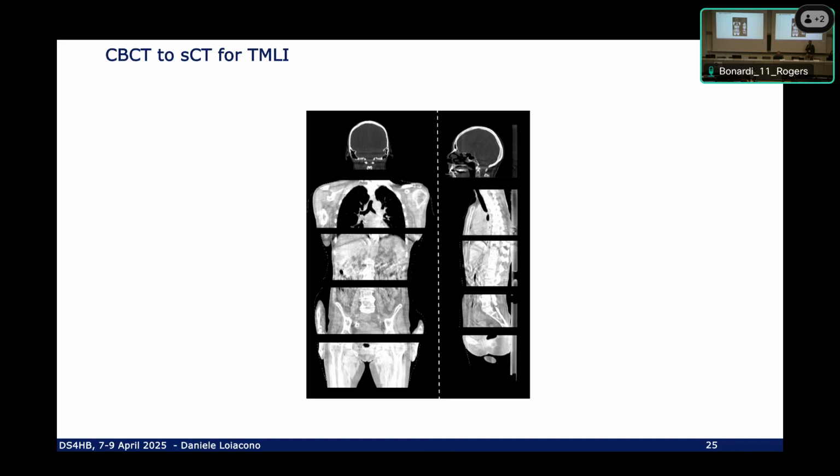And we would like to see if AI can generate a complete CT out of this data.